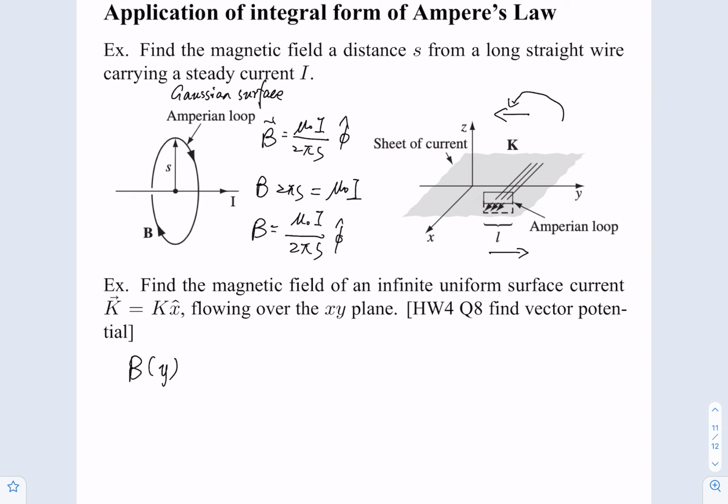So the integral of B dot dl must equal B times twice this length, and what's enclosed is simply K times L. Sorry, there should also be an additional mu naught. So what we have here is that By must equal K L mu naught over 2L, which is mu naught over 2 times K.